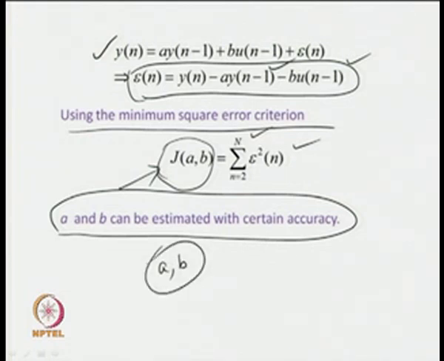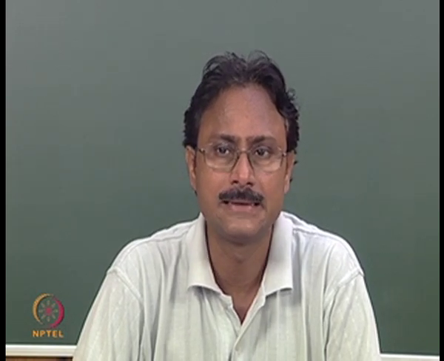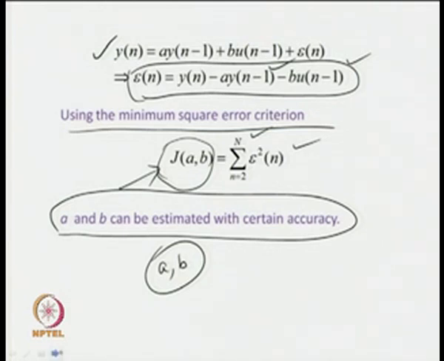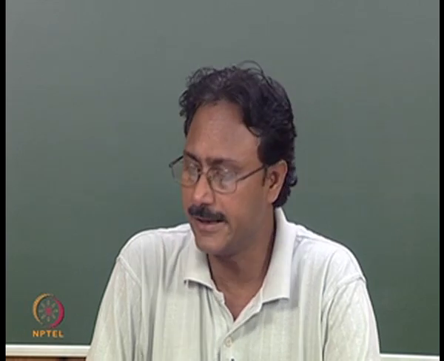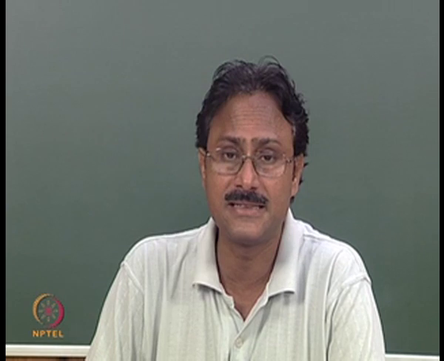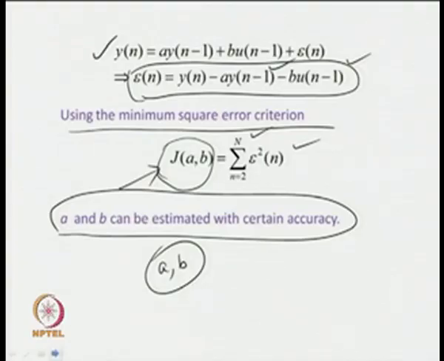Now, this is how one can obtain a dynamic model for a real time process using a time domain based technique. A real time system may be made up of, if not thousands, hundreds of components. So, it might not be possible to apply basic laws of nature and derive its model in terms of differential equations or difference equations.